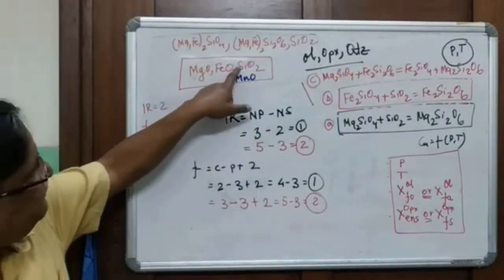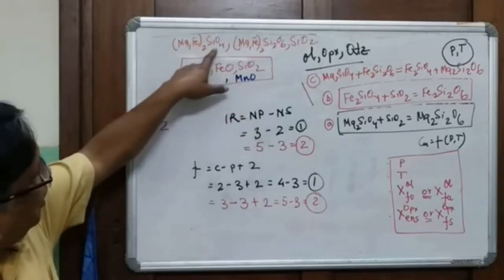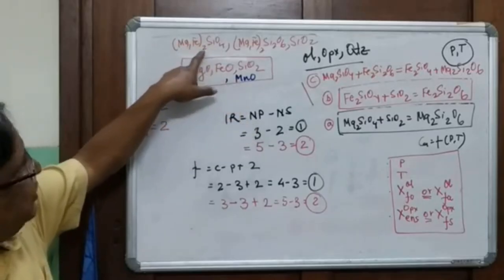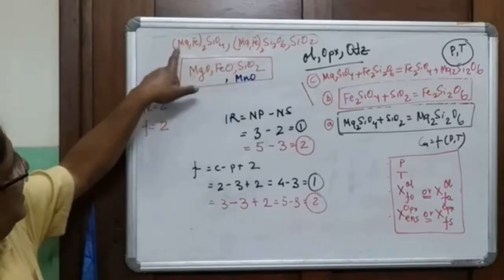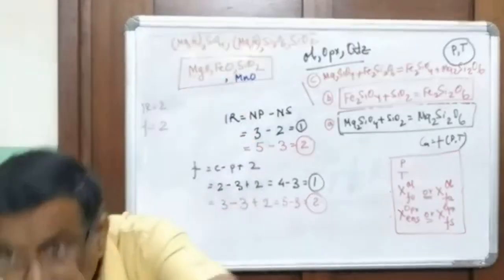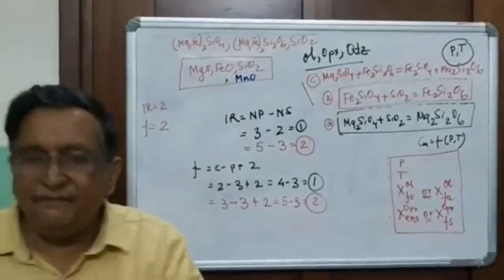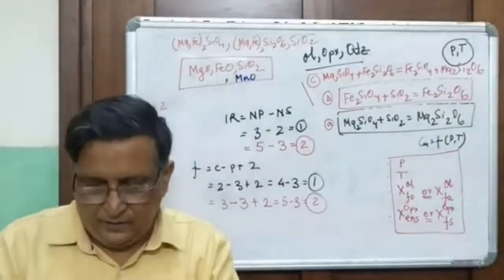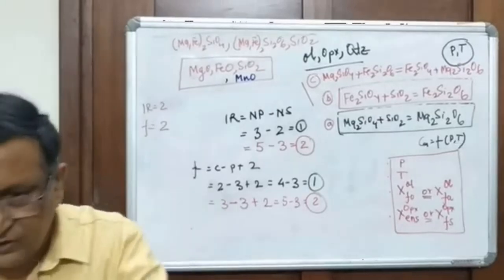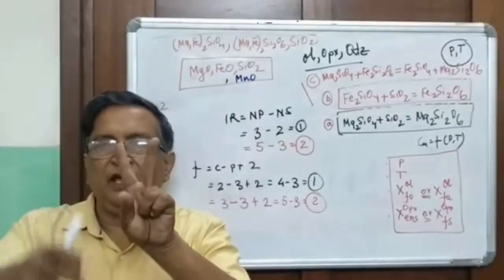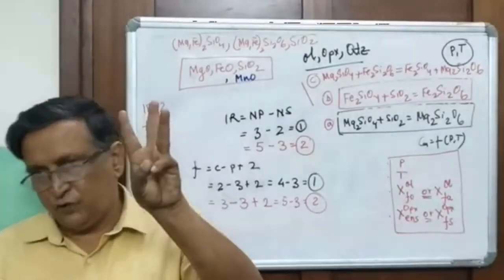That means MgO-FeO-MnO. So olivine will not be (Mg,Fe)2SiO4, but it will have (Mg,Fe,Mn)2SiO4. So it will have three components, Mg2SiO4, Fe2SiO4, Mn2SiO4.